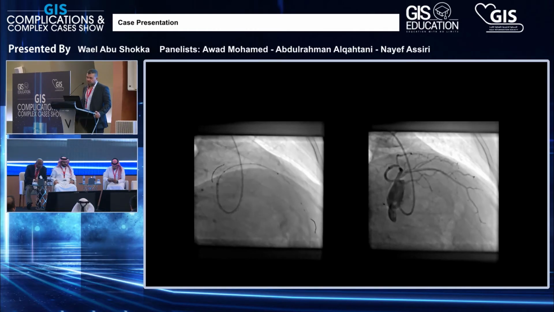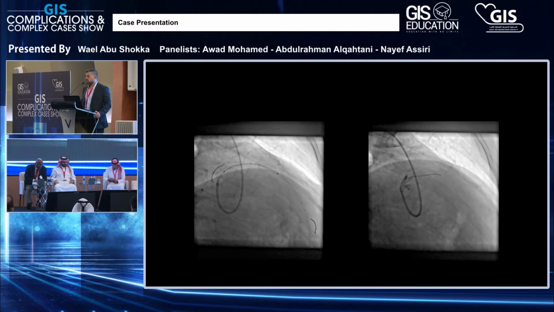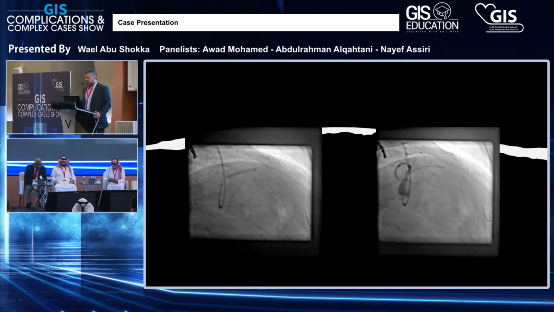I'm fond of imaging; I do most of my cases imaging controlled and guided. So a run of OCT was done to get the MLD, the morphology, length and diameter of the lesion. Based on the MLD, we chose a Xience Sierra 3.25 by 23.